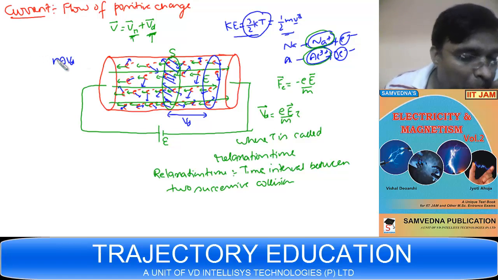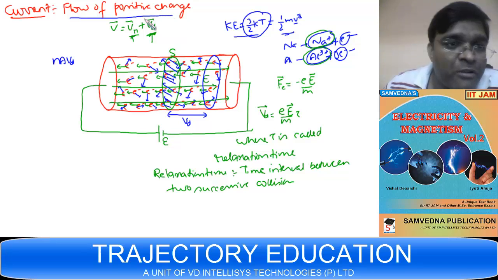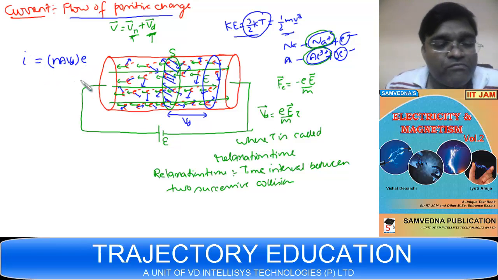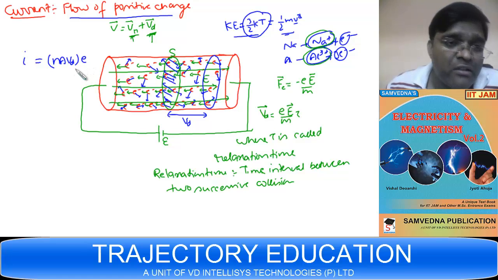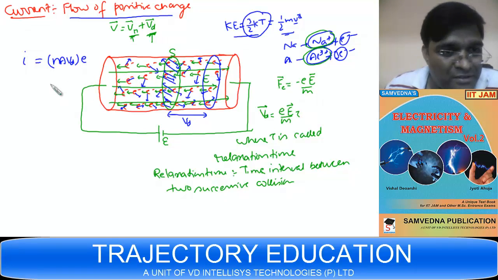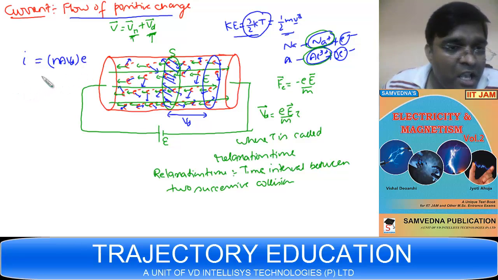So if I accept the definition of current as flow of positive charge, then the amount of equivalent positive charge flowing through S towards right is going to be this times e, and that's going to be the current, right? Actually negative of it is flowing through S, but conventionally I will say N e A Vd is the amount of current flowing through S. So the expression of current is N e A Vd.